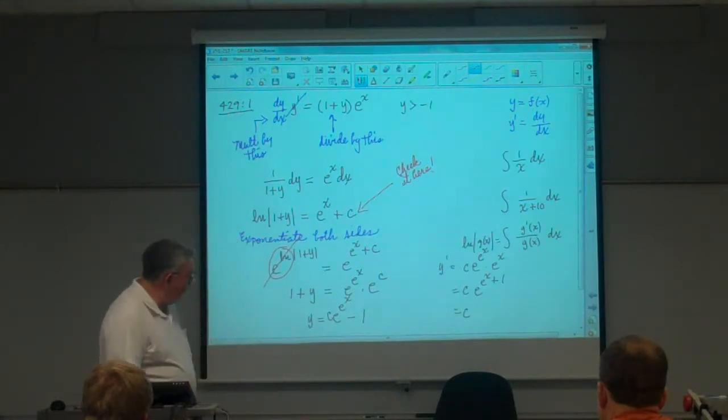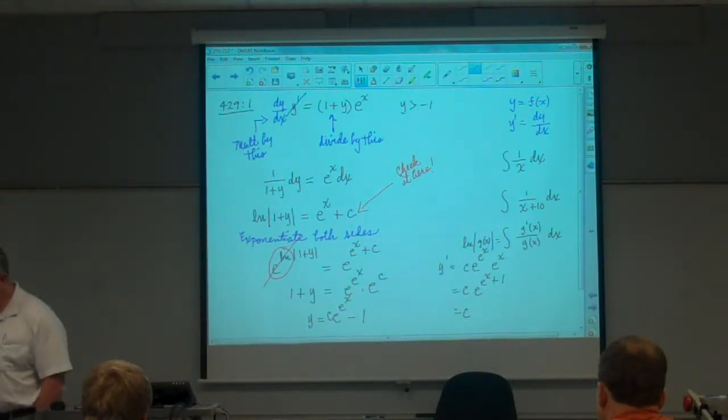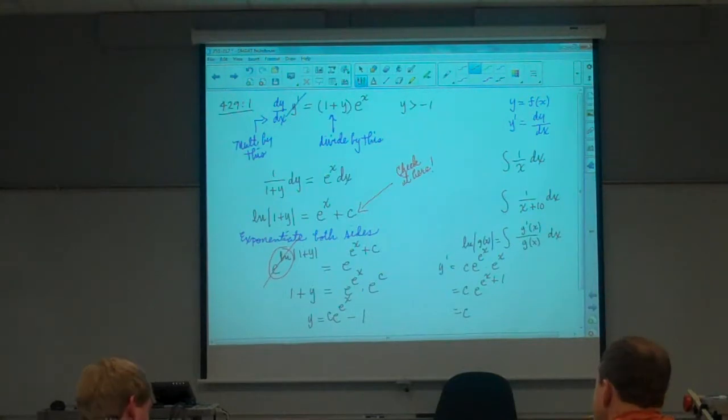Because what we did is, it's not that we changed the problem, it's not that that's not a solution, but differential equations have more than one solution. I forgot to tell you that, didn't I? But doesn't that make sense? If integrals have more than one value, that's why we put the C on.